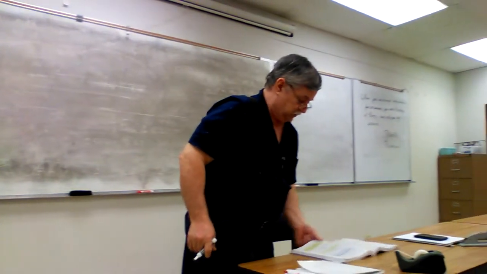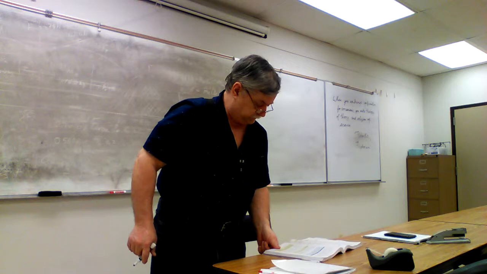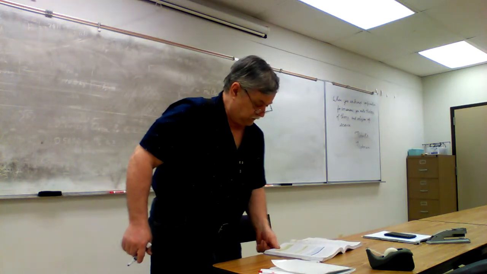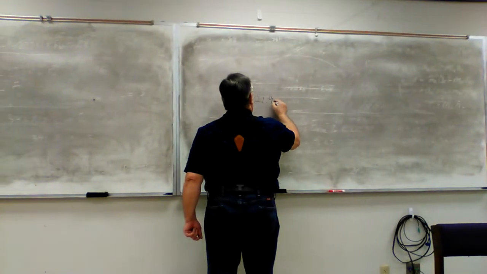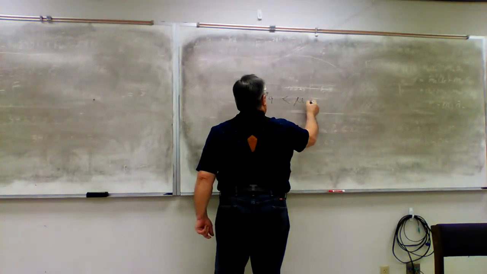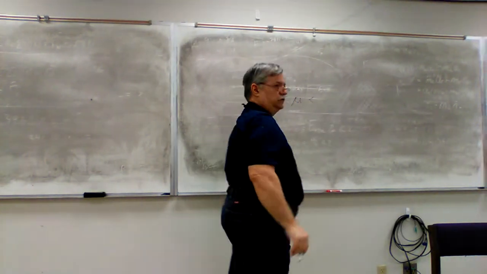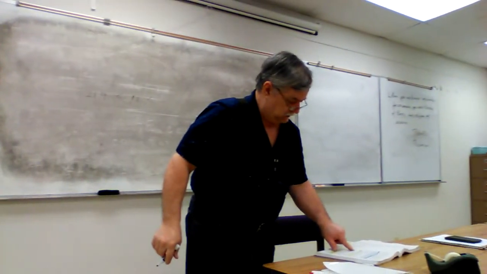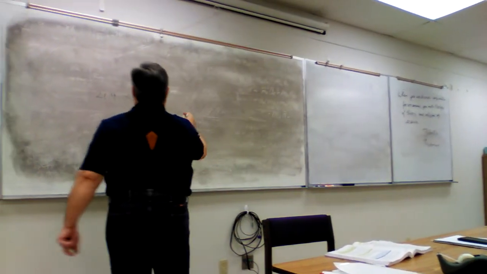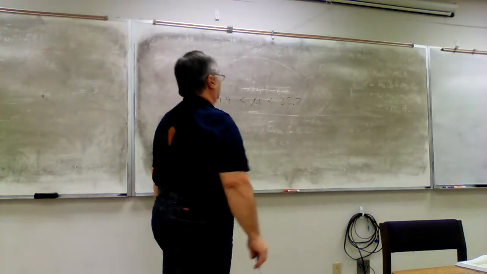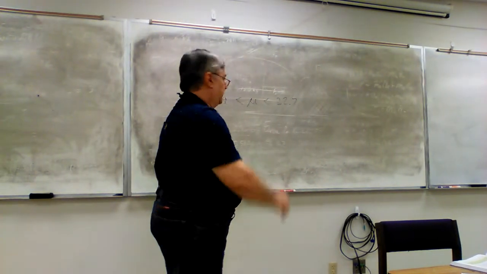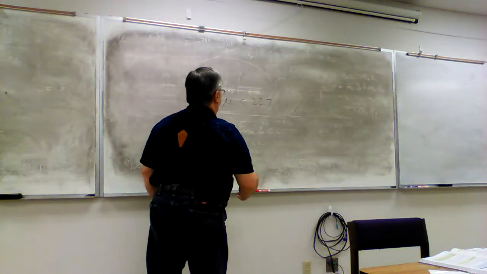Our best estimate suggests that 21.9 is less than the population mean, which is less than 22.7. Okay, well, what's the midpoint of 21.9 and 22.7?